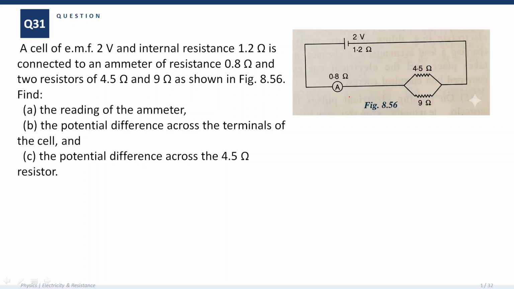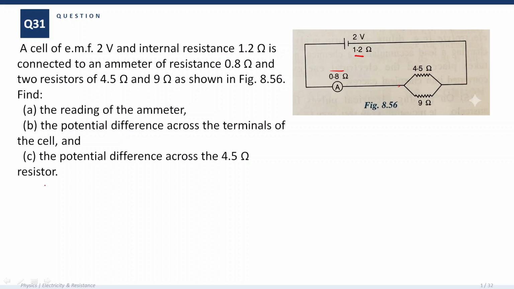Before I find anything, I need to find the total resistance. Here 1.2, and this is 0.8, and then 4.5 and 9 are arranged parallel to each other.